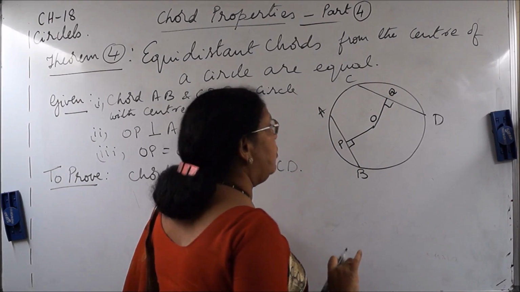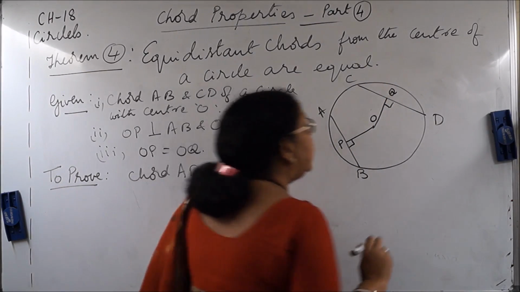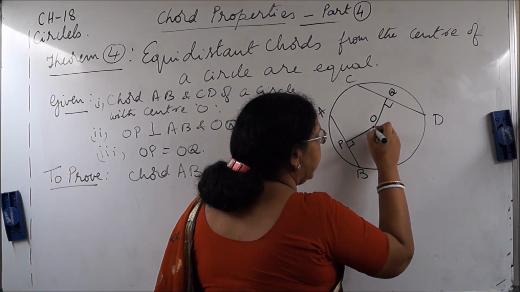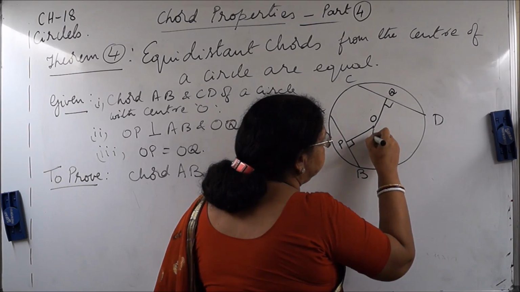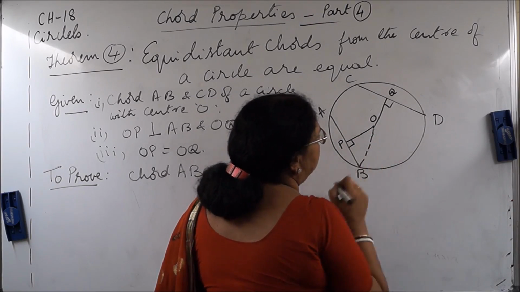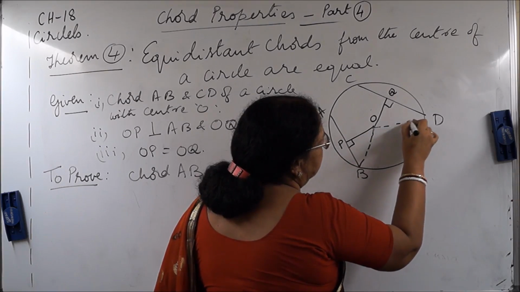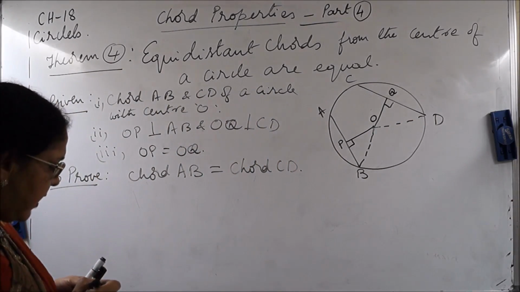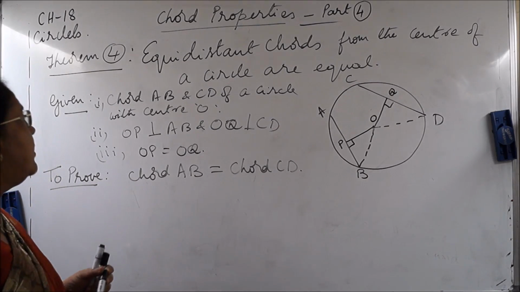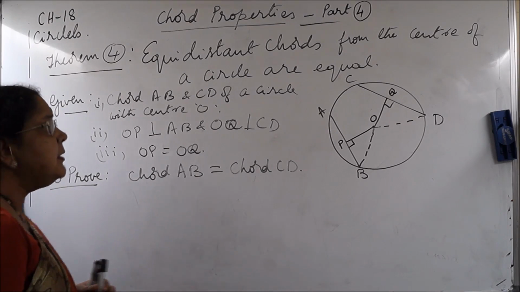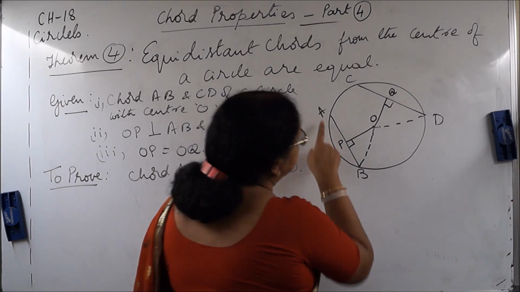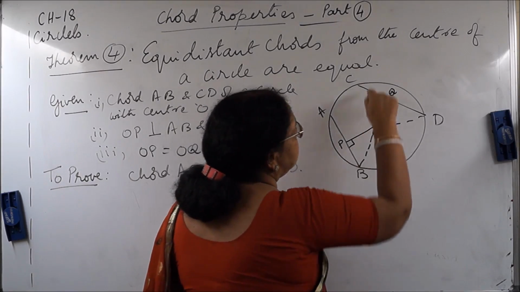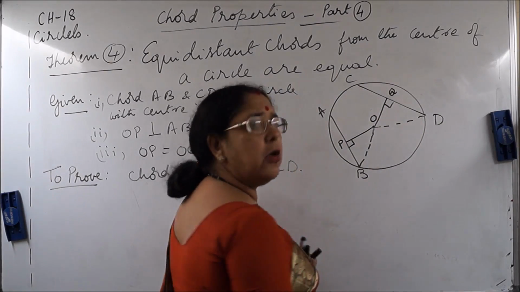This also we know. Now let us consider again join OB and OD. Okay, so now what we have to prove is whether chord AB is equal to chord CD or not.